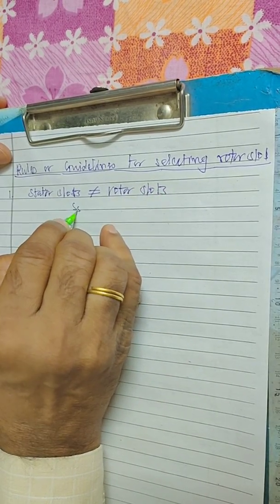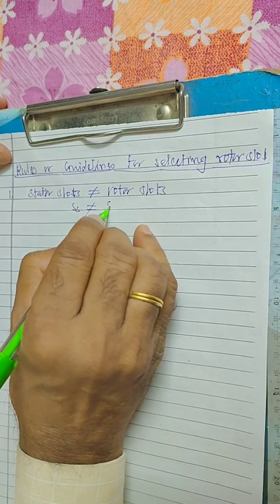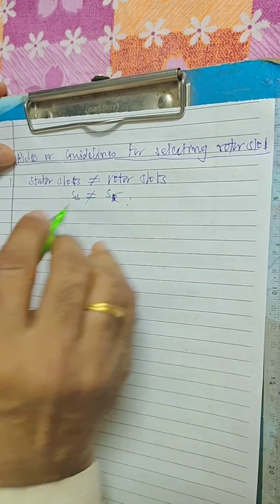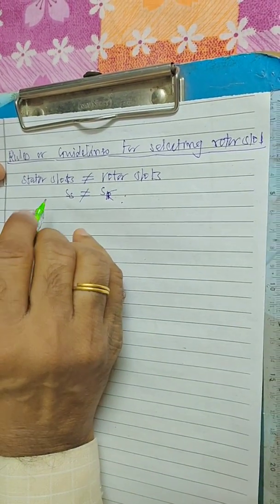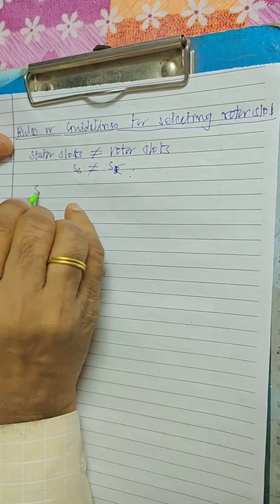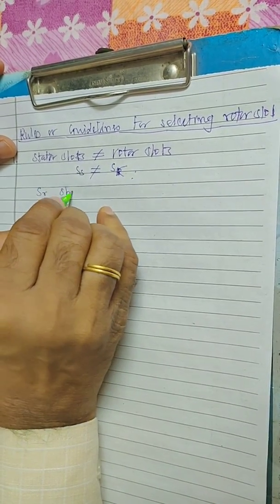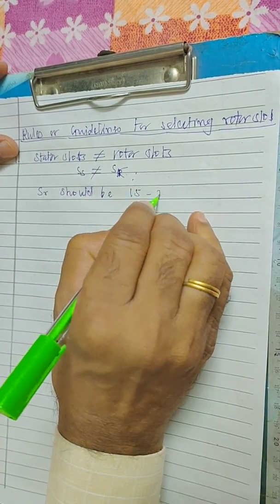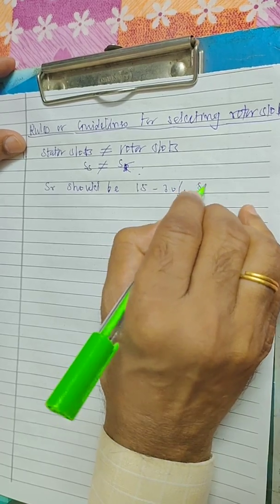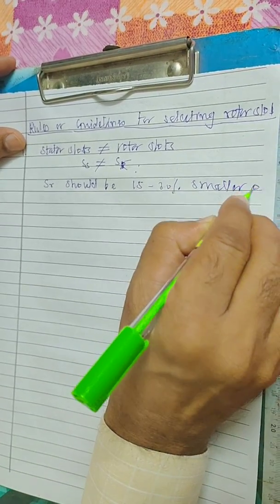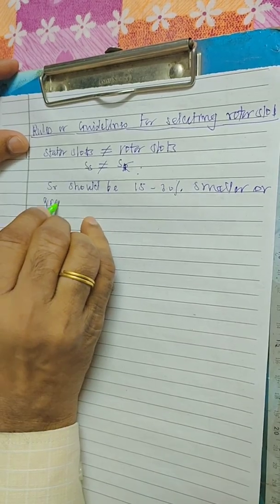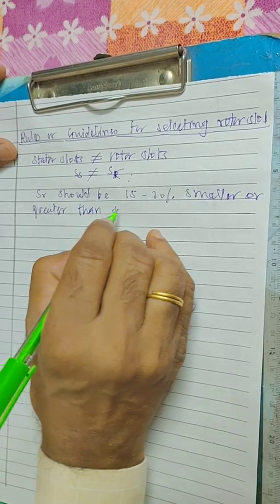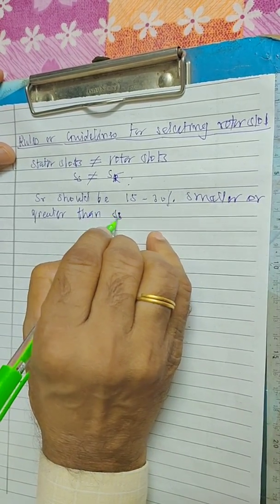That is, stator slot SS should not be equal to rotor slot SR. The rotor slots SR should be 15 to 30% smaller or greater than stator slots SS.